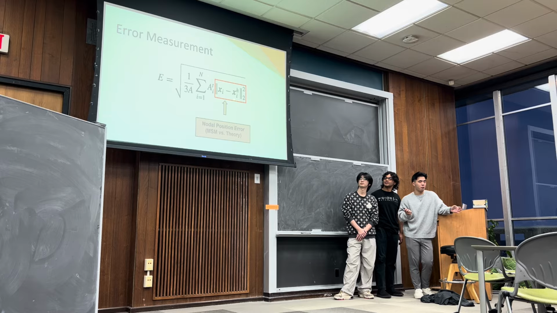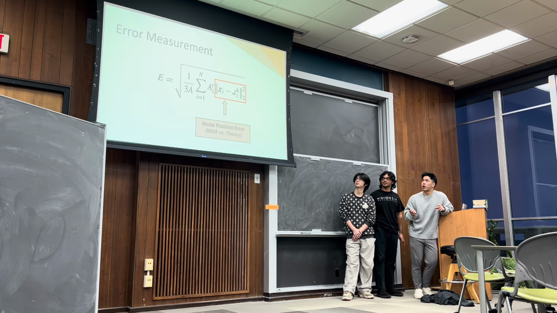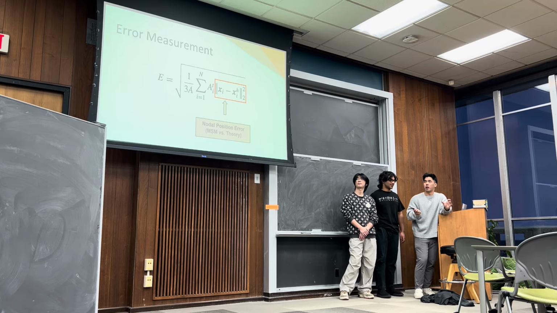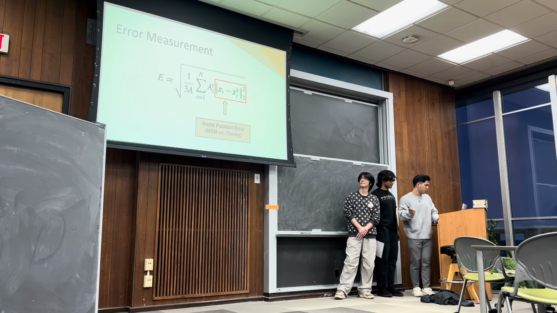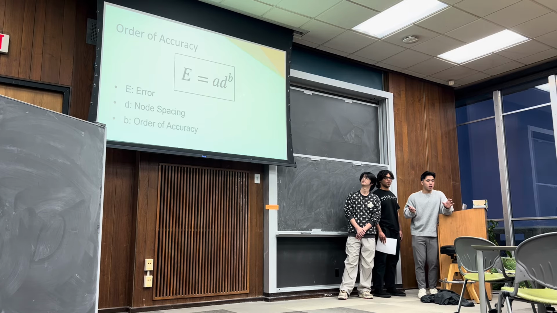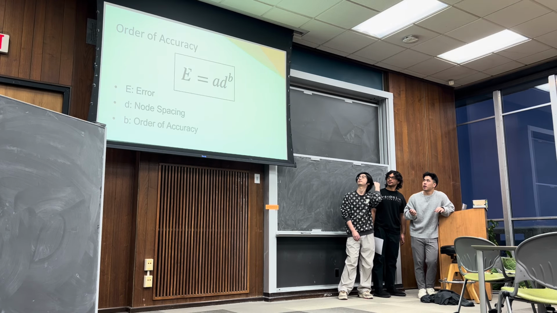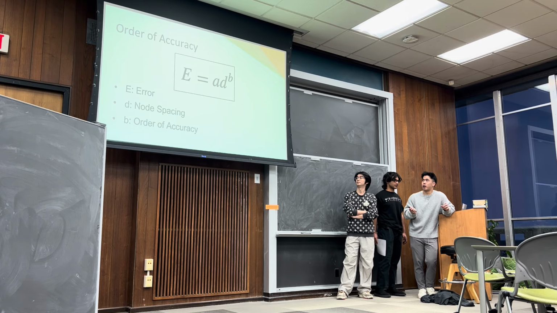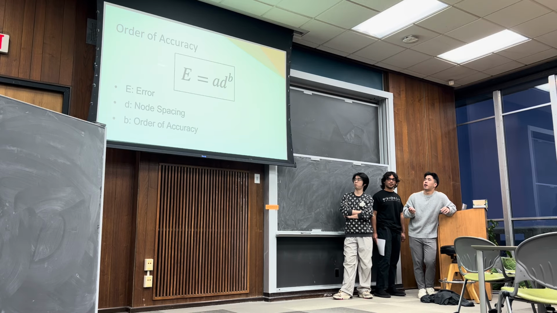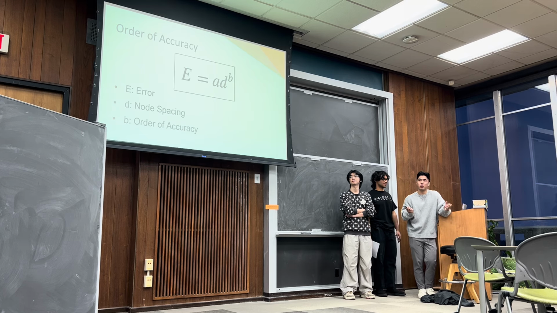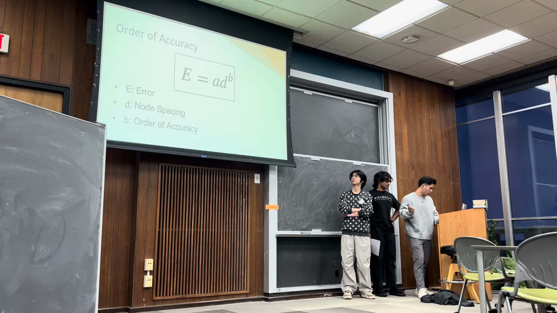Xi is the position of our knot in the discrete triangular lattice mesh, and Xi hat is the theoretically accurate position of the knot, where the knot should be, and this is just the displacement between them. Then we fit the error to the order of accuracy, which is just the standard computational math measurement, where E is the error, D is the knot spacing, which is the space between two knots, and B is the order of accuracy.